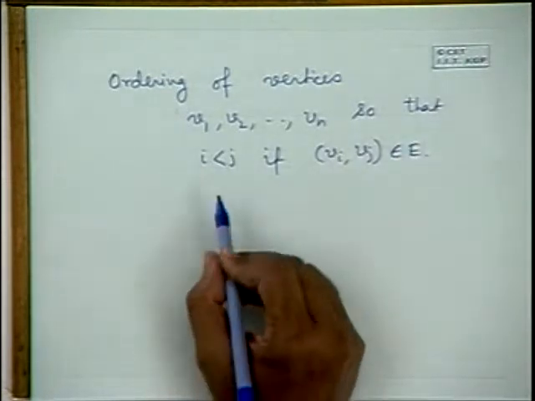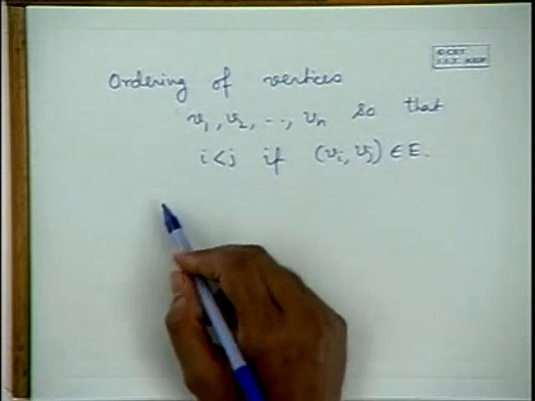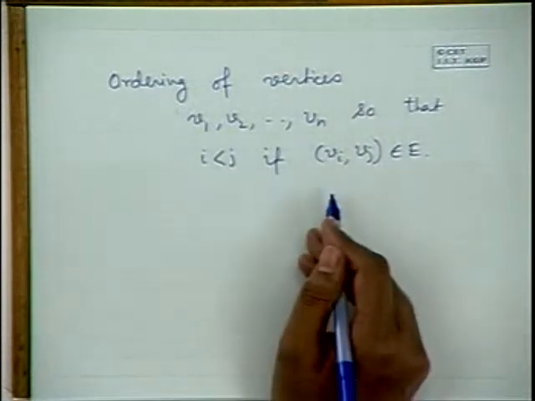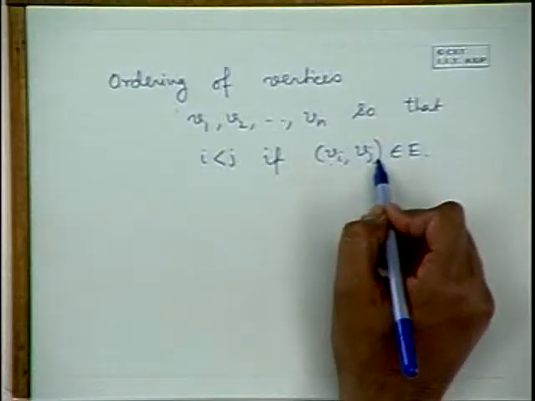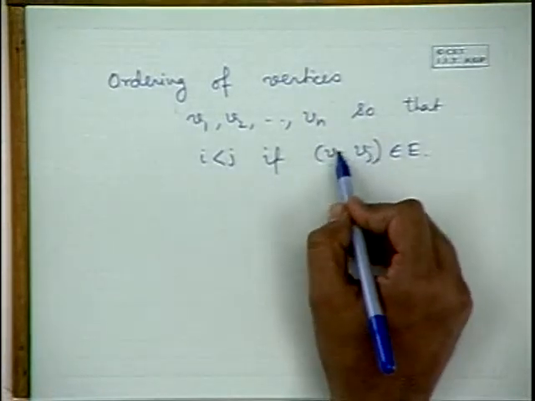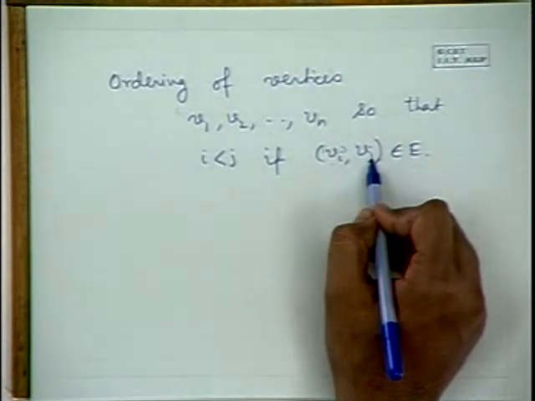So what does it mean? It means you give an ordering on the vertices, you just enumerate them in some order. But if that order has this property, suppose (Vi, Vj) forms an edge, then this vertex must appear before this vertex in the order. That's the only condition.